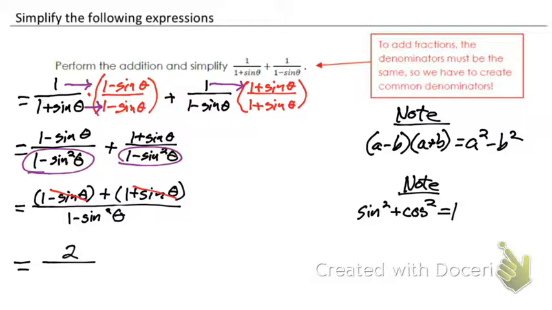So I'm going to have a negative sine and a positive 1. So I'm just going to subtract sine squared from both sides, which is going to give cosine squared equals 1 minus sine squared. Well, that's what I have. I have 1 minus sine squared, so that's just going to equal cosine squared.